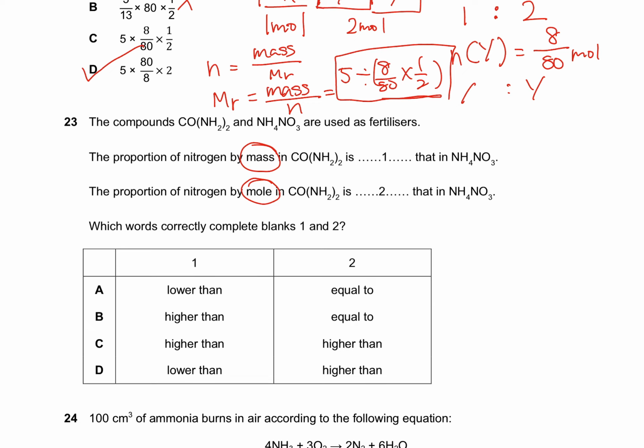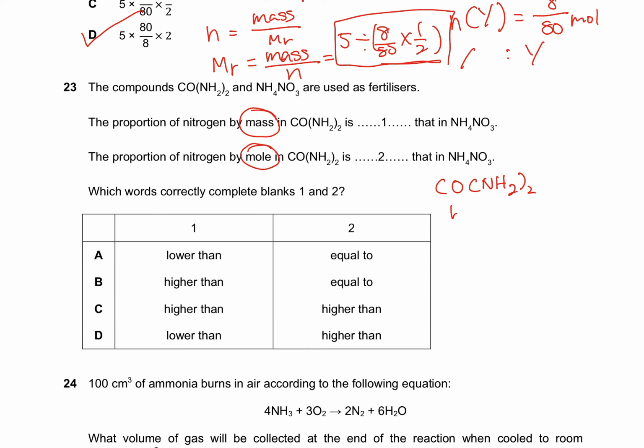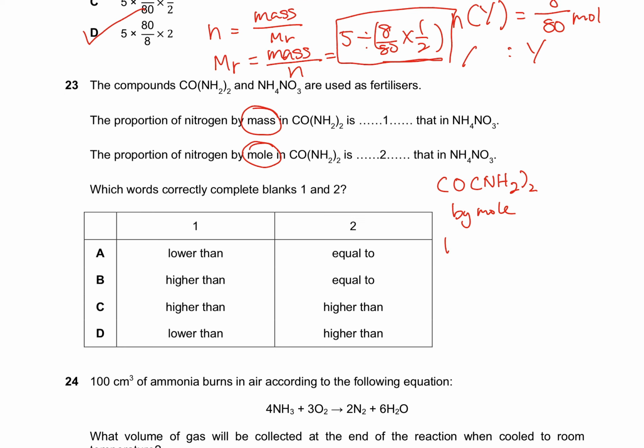So let's look at proportion of nitrogen by mole first, because that one's easier to count. Let's look at the first substance, which is this one over here. So how do I do by mole? By mole shows me that there is 1C, 1O, 2N, and 4H.